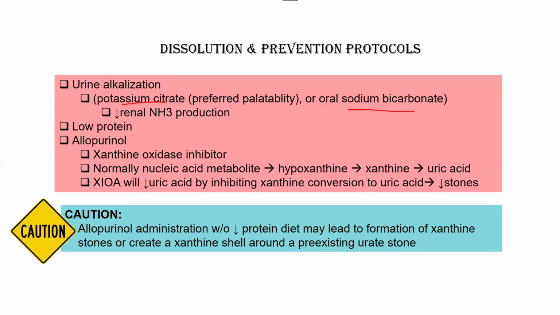Potassium citrate is preferred because of its palatability, and when you feed this, the renal ammonia production will decrease, and you will have your prevention or treatment protocols done. Next, you should feed low protein. And number three is allopurinol, the use of this compound.